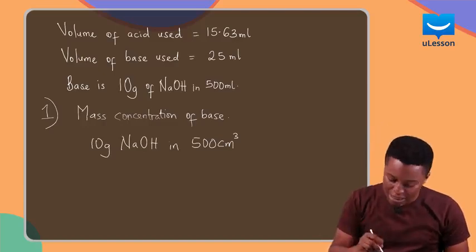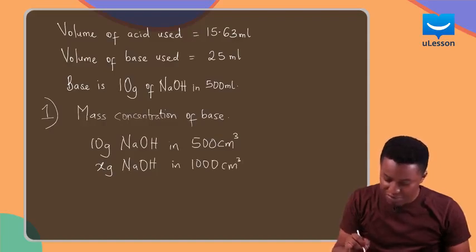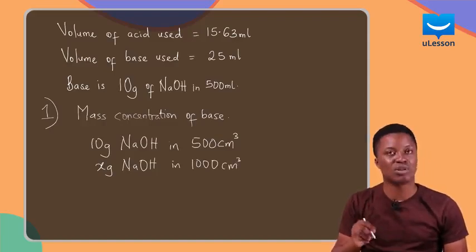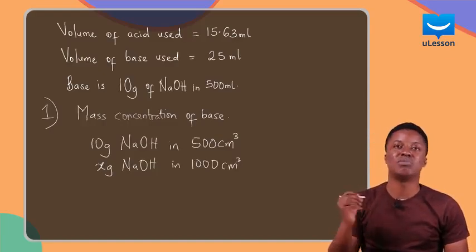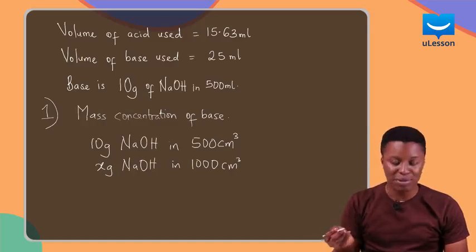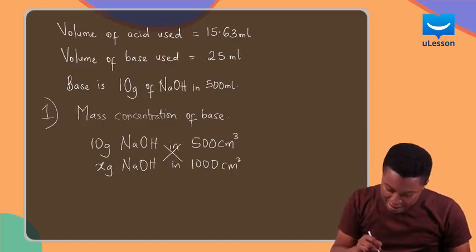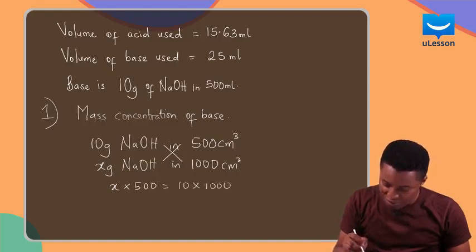So all we have to do is say how many X grams of sodium hydroxide will be in 1000 centimeter cube. That mass represents our mass concentration. To do this, we simply cross multiply. This gives us that X times 500 will be equal to 10 times 1000. To find the value of X, we divide both sides by 500.